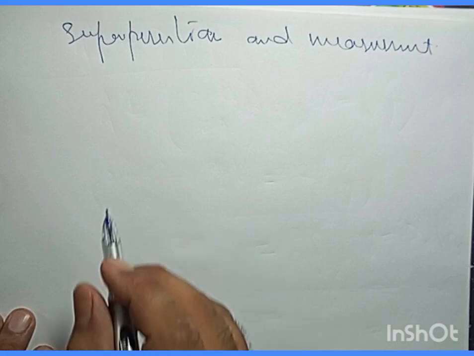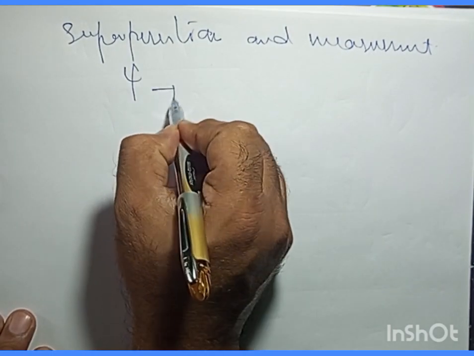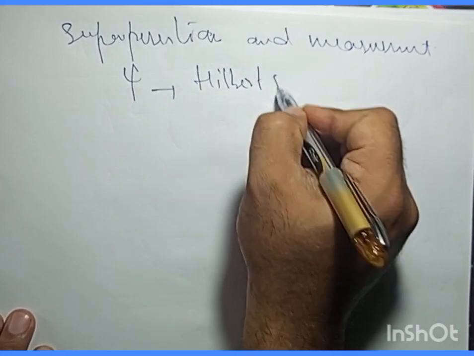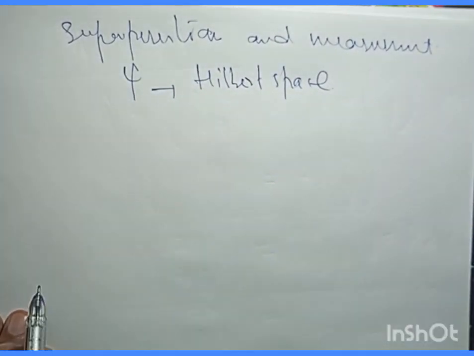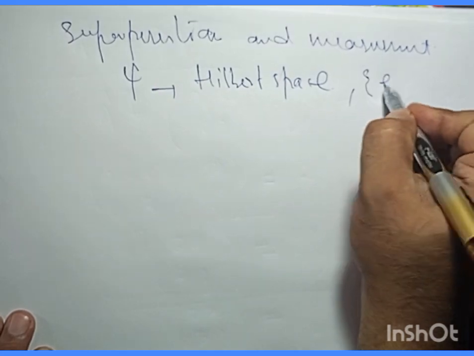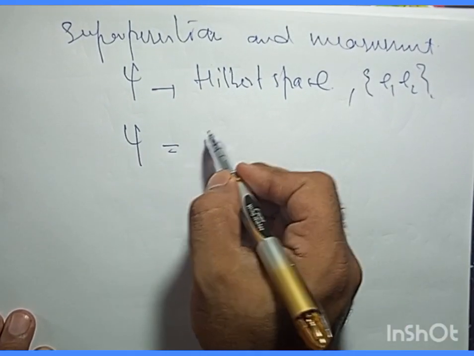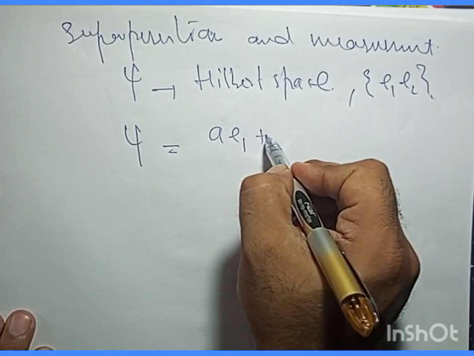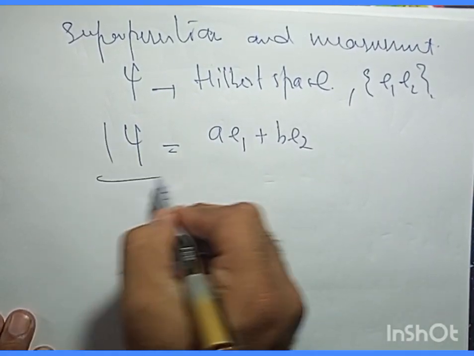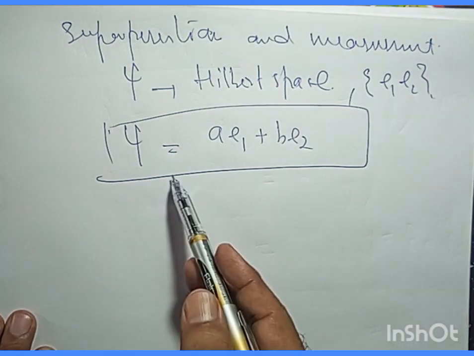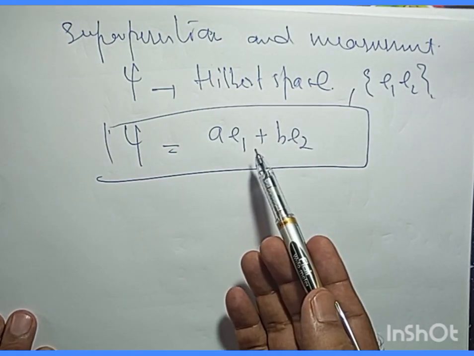If I assume that psi is a state in Hilbert space with orthonormal bases E1 and E2, then psi can be written as a combination of A E1 plus B E2, where A and B can be complex coefficients, they can be real numbers. So this is the reflection of superposition.